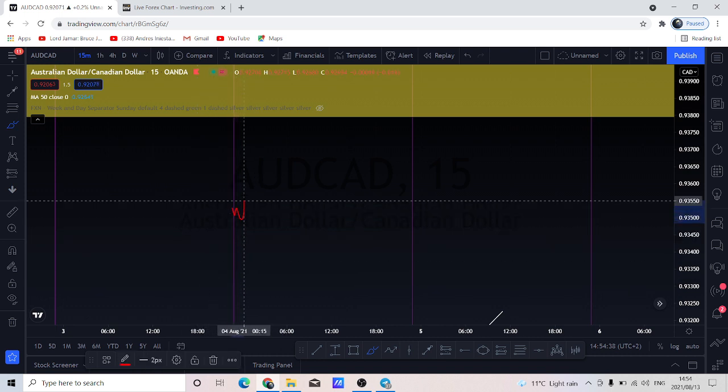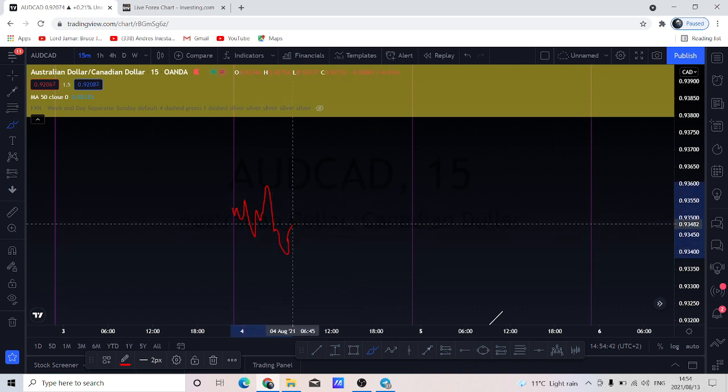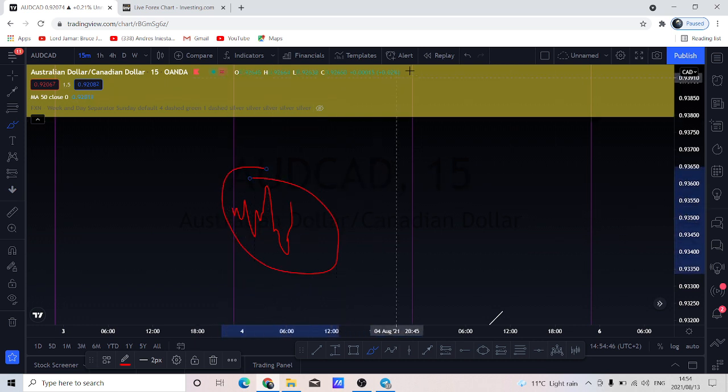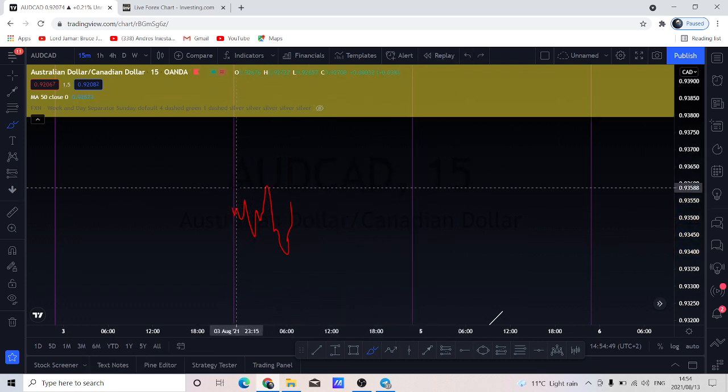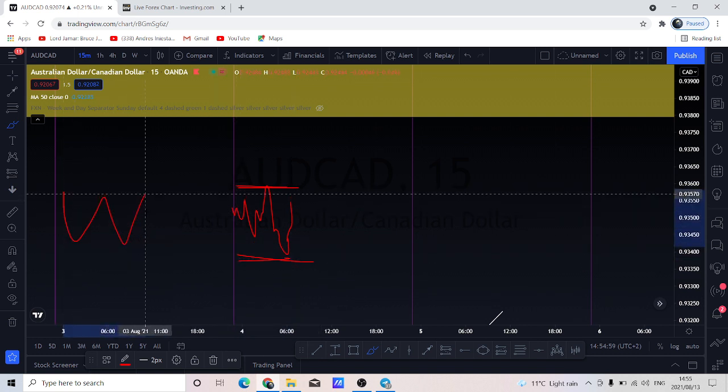This is a consolidation phase in the Asian session. It can be like this. But if you are looking at the overall structure, you must have no direction. So here the market is bouncing in the same price. In fact, it's making something like a range like this.